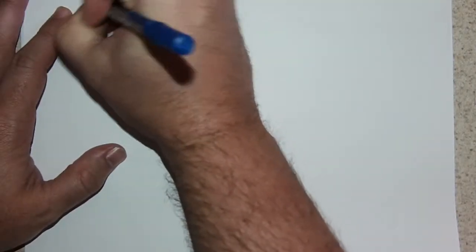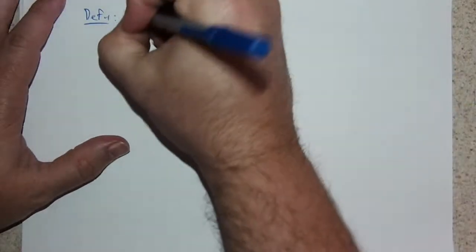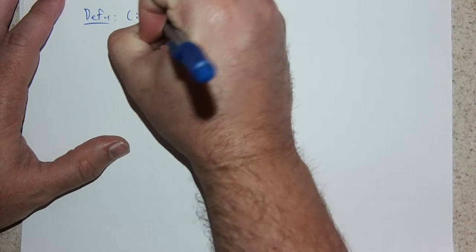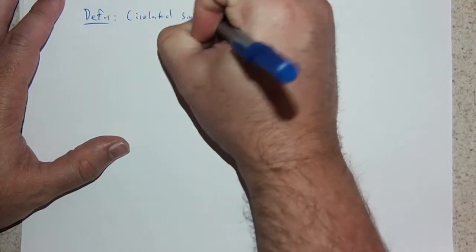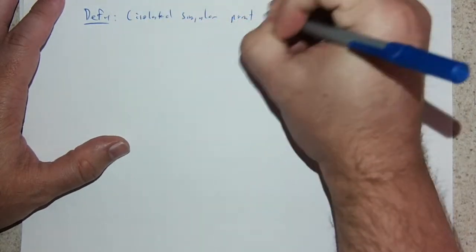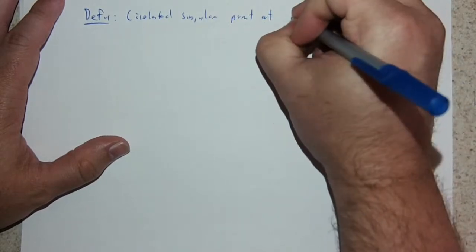One more thing on terminology before we move ahead. Sometimes it makes sense to think about the point at infinity as being an isolated singular point. So, definition of an isolated singular point at infinity.